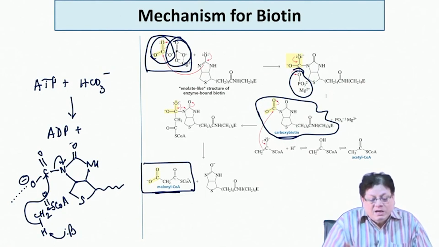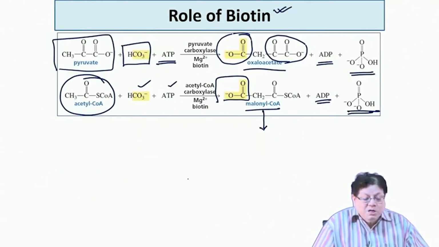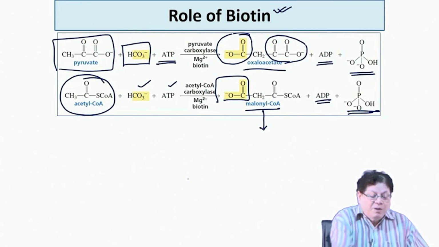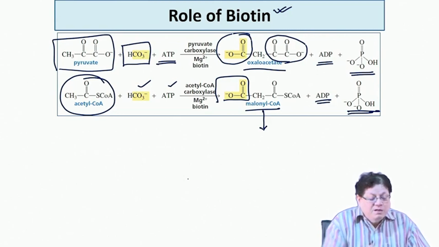A very similar reaction will be there for formation of the oxaloacetate from pyruvate. I think you will be able to draw that. Okay. If you want me to draw, it is the same mechanism.